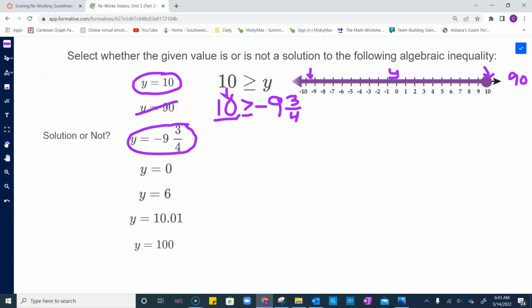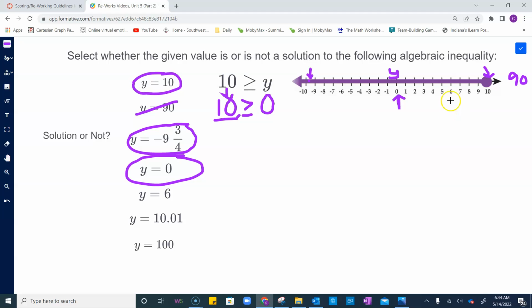Okay, then the next one we're going to check is 0. Replace y with 0. 0 on the number line falls right there. 10 is greater than 0. Of course it is. And when you look here, 10 is bigger than 0 because it's further right of 0, so that makes that true as well, looking at the visual picture.